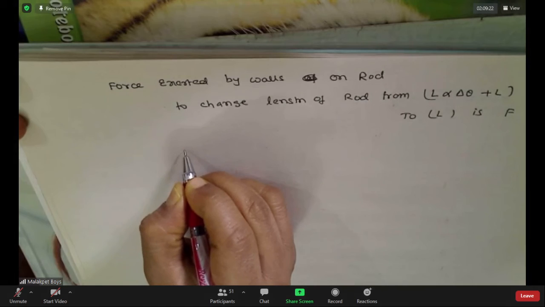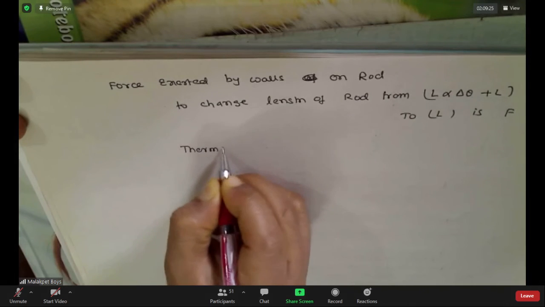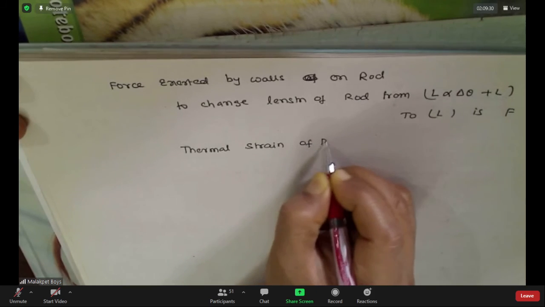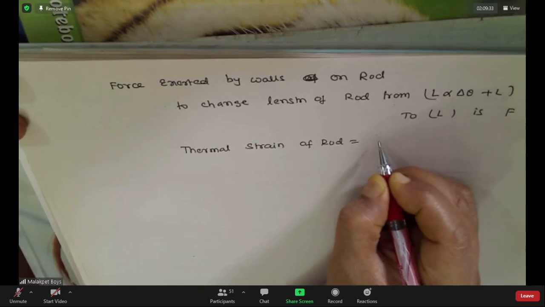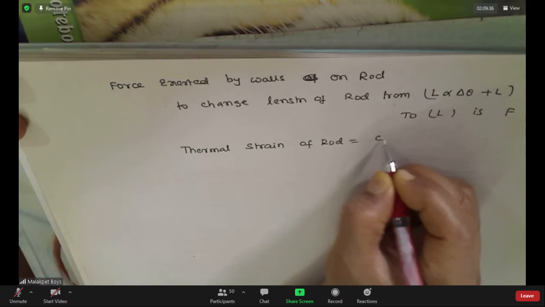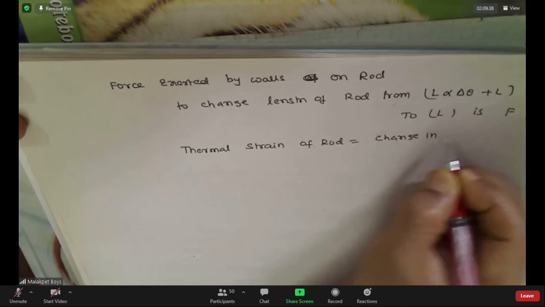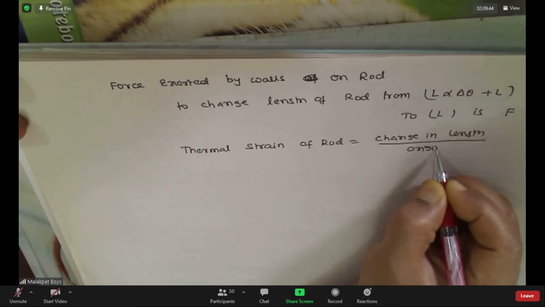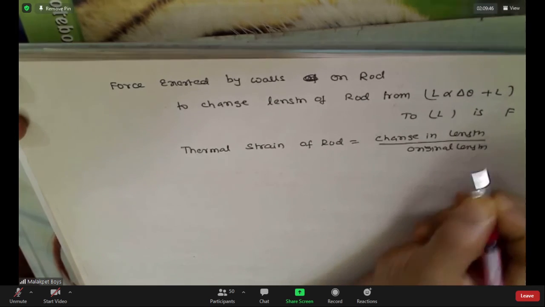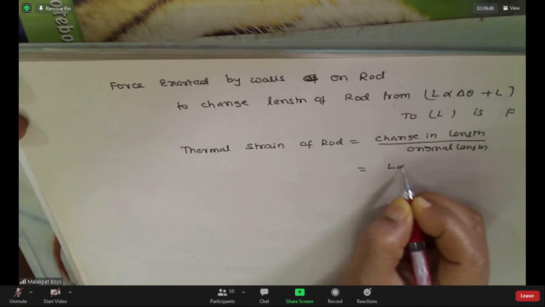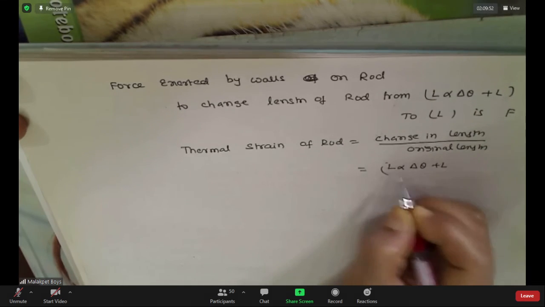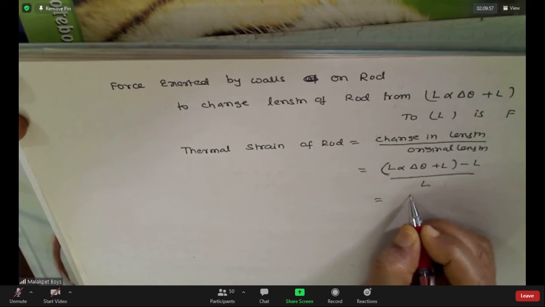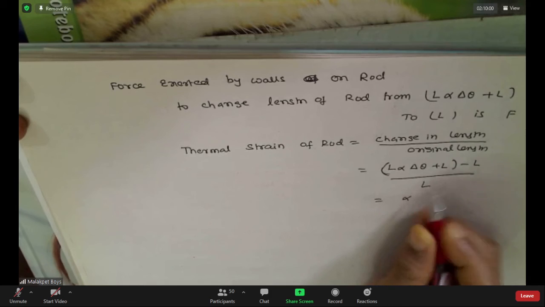Now you can write what is the stress? F by area. Force by area. And change in length by original length. Do you agree with this? Agree, sir.